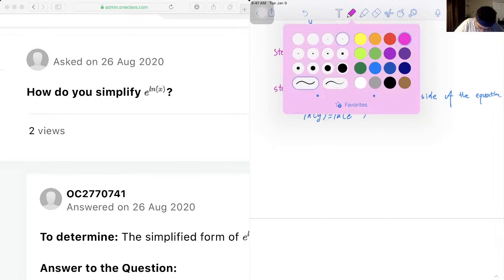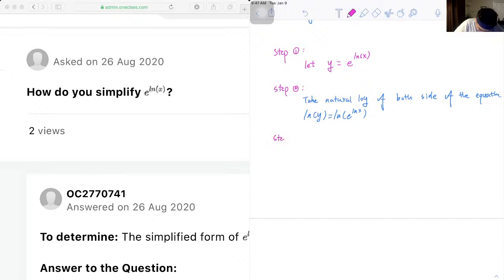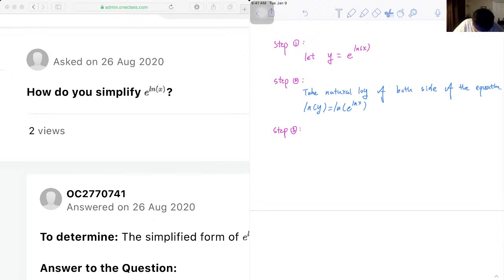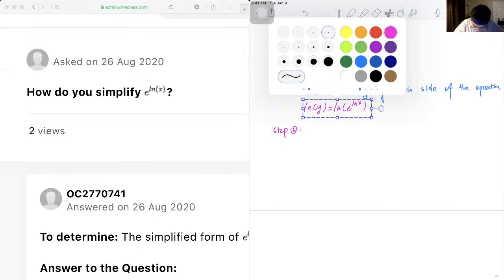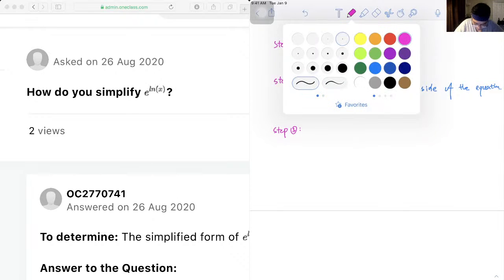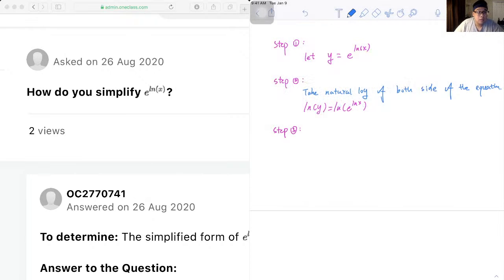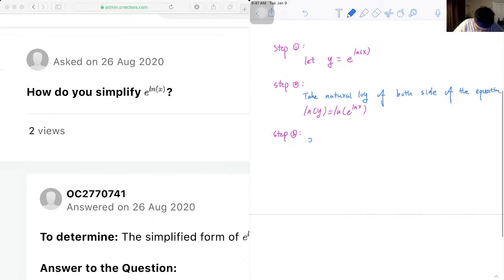Okay, and step 3, and then we'll apply the power rule.